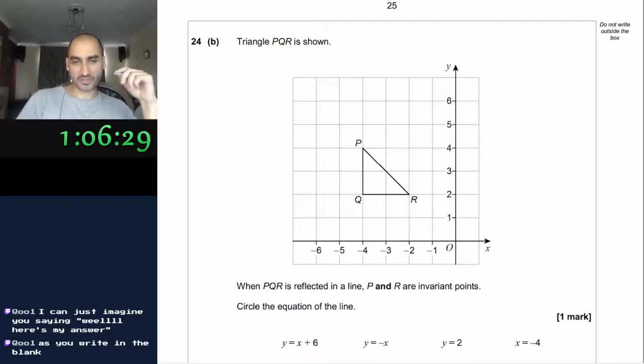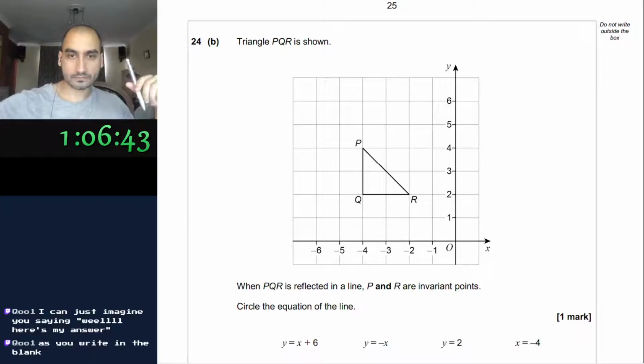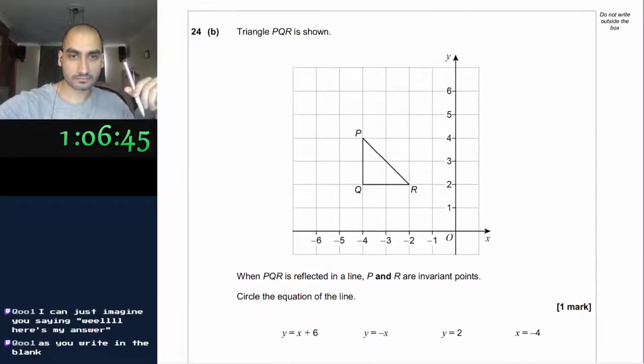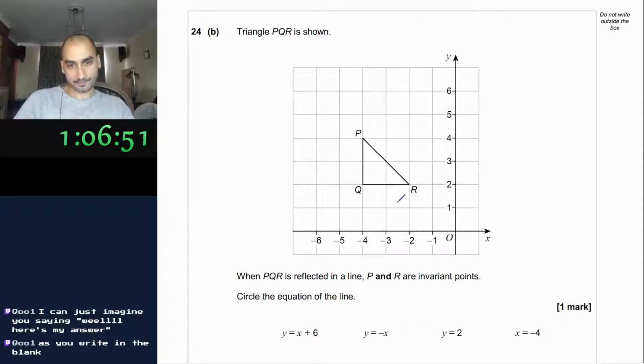Triangle PQR. Why so much geometry? I think maybe this paper focuses on geometry, and on the next calculator paper, I don't know, some other topics. PQR is shown. When PQR is reflected in a line, P and R are invariant points.